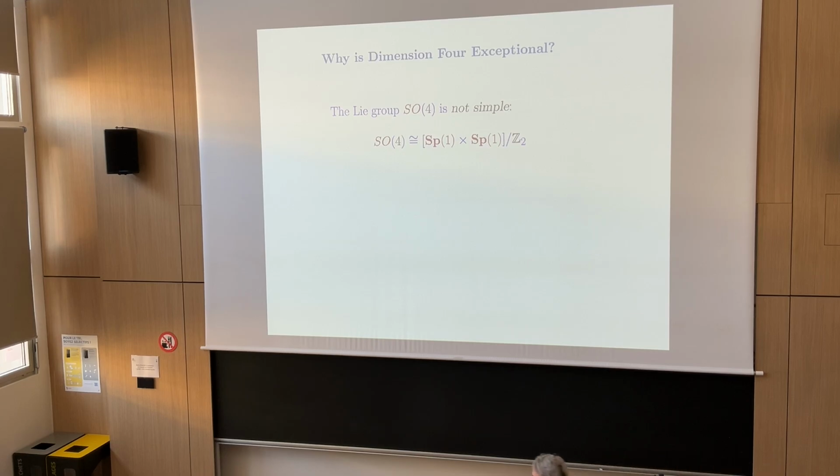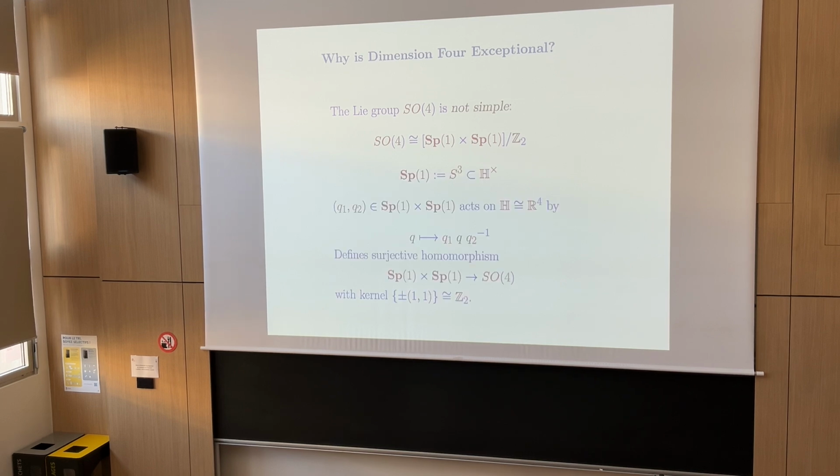SO4, up to passing to its double cover, which is sometimes called spin 4. Its double cover, its universal cover, is actually a product of two Lie groups. So here, you have two copies of SP1, and in my notations, SP1 is a compact group, which is actually just the three-sphere.